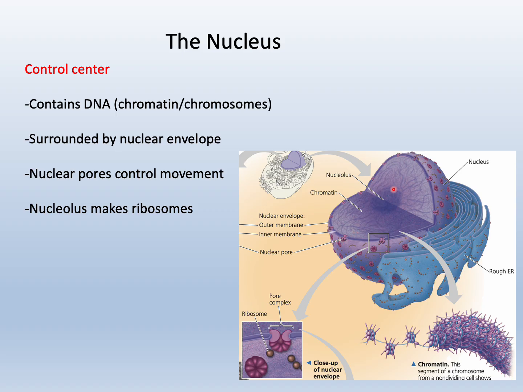And the nucleolus is this dark purple region you see here. And the nucleolus makes the ribosomes. You can think of the nucleus as a cell's headquarters where all the important information is stored.